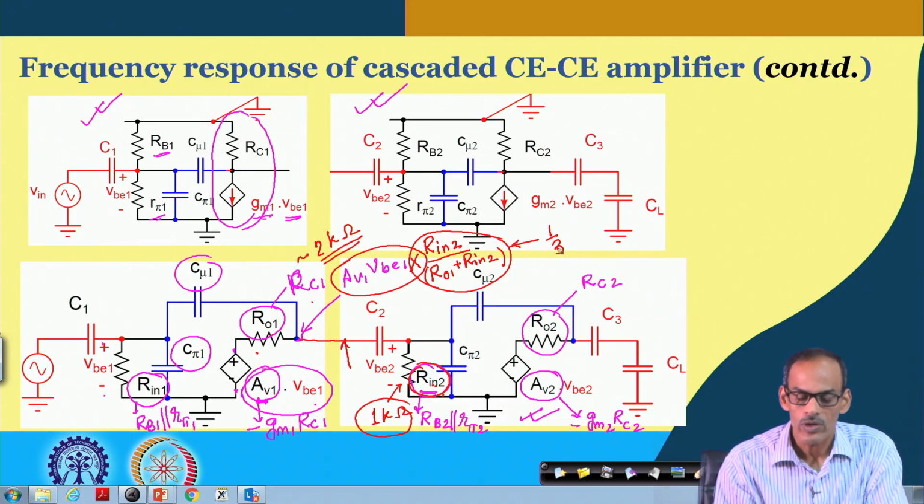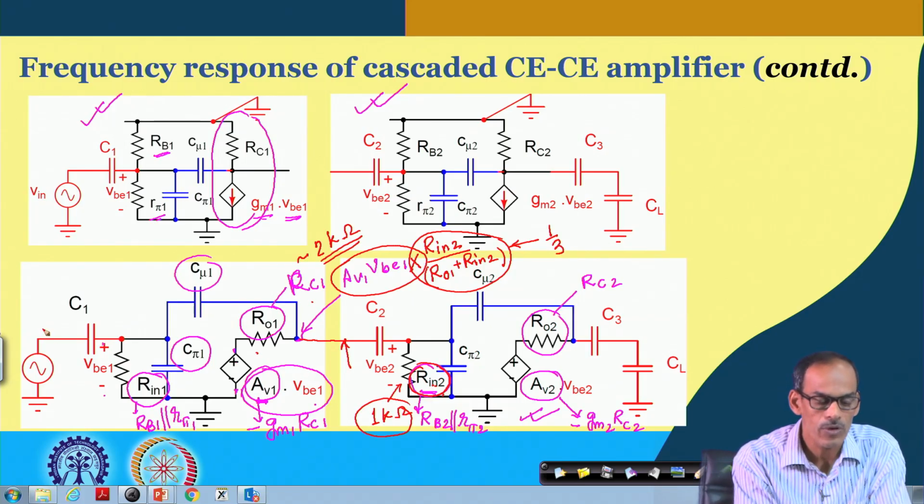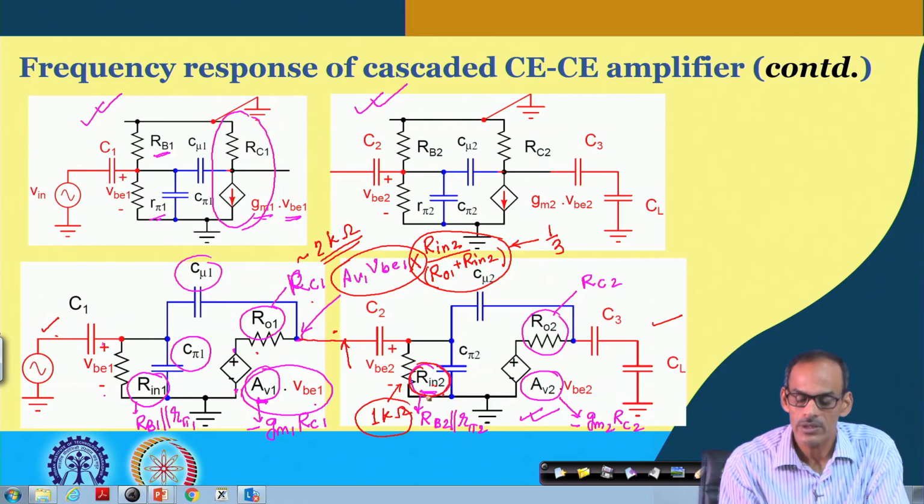So, the overall gain from primary input to primary output: the first stage, considering the loading effect of Rin2, already has 1/3 attenuation. But whatever voltage we get here is considered as VBE2, and the second stage amplifies that.